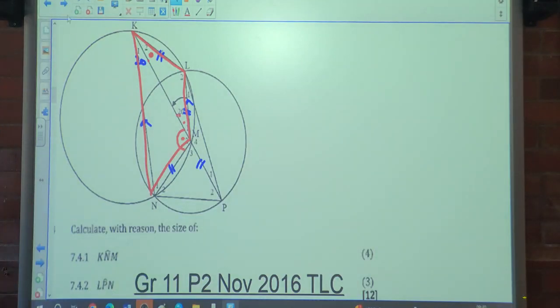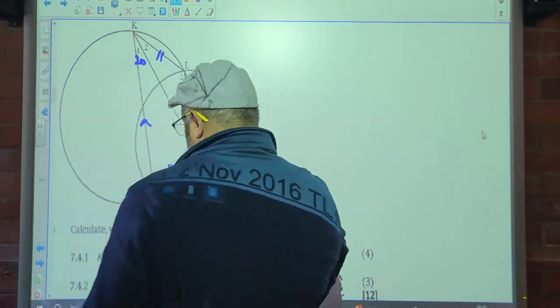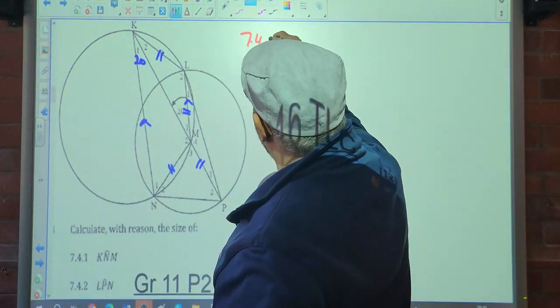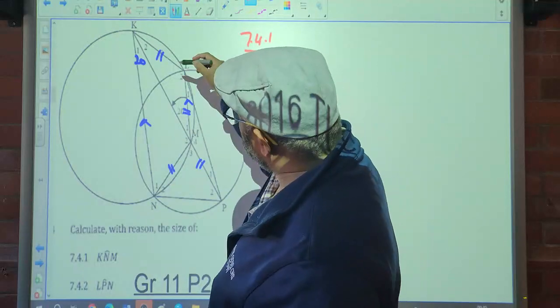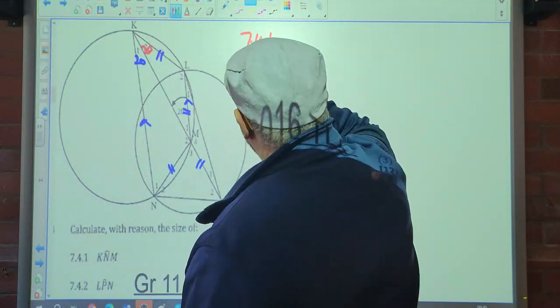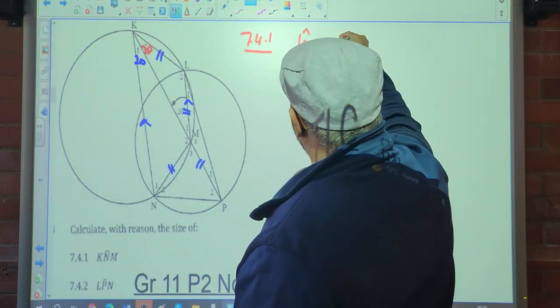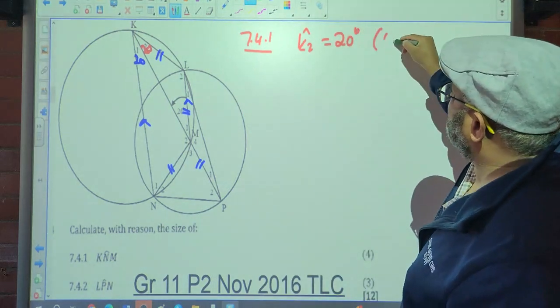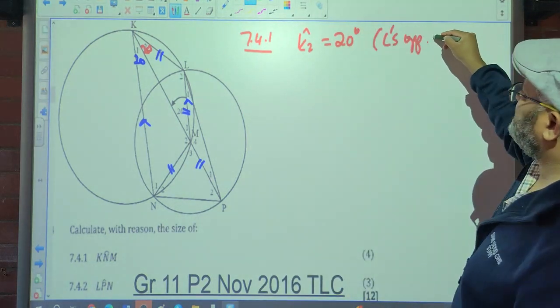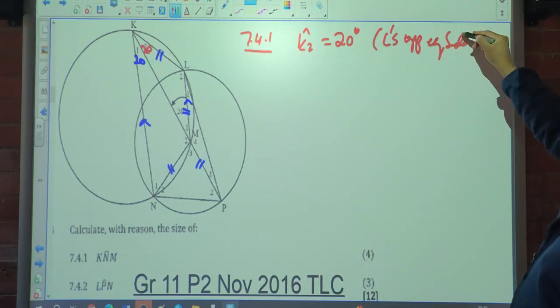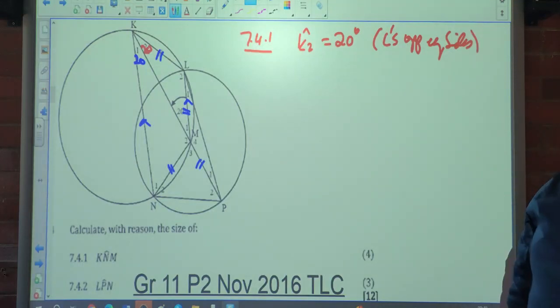Let's lay that out properly. So firstly, in 7.4.1, K2 is 20 degrees. Why? Angles opposite equal sides. You all okay with that?